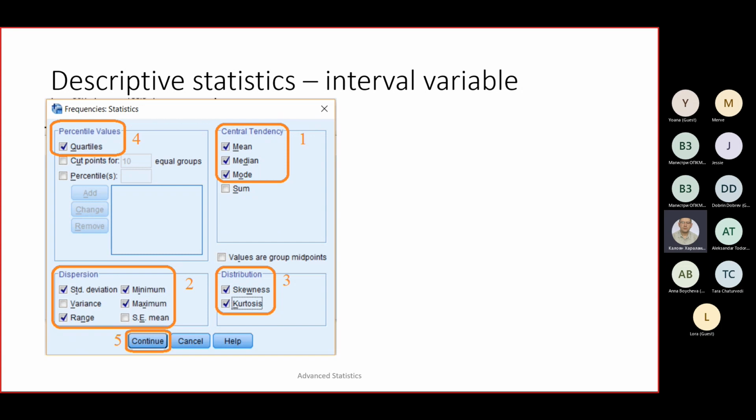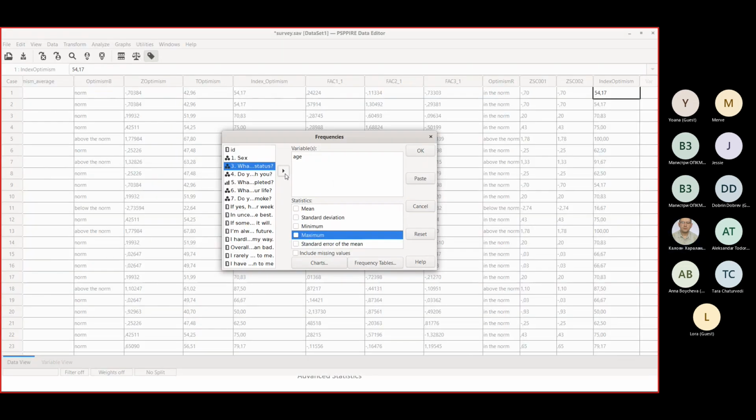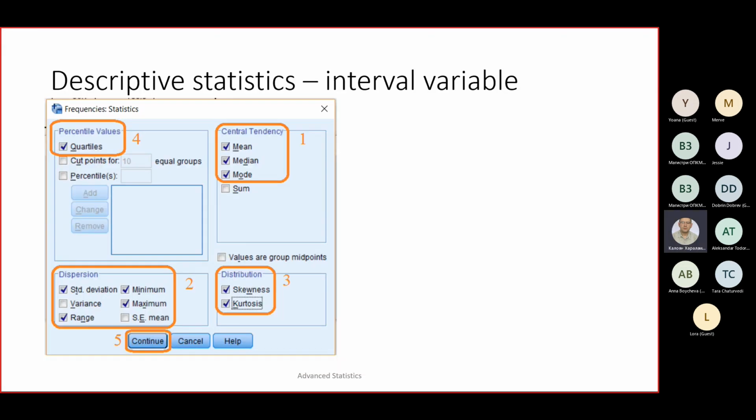These different descriptive statistics are grouped in different groups. In PSPP, they are not grouped, but they exist. So the first group are the descriptive statistics for central tendency, or measures of central tendency.